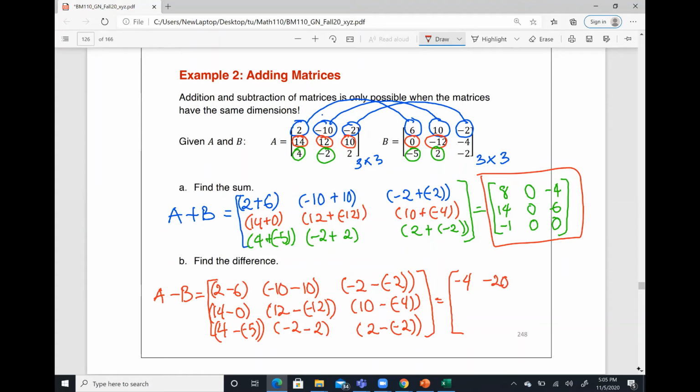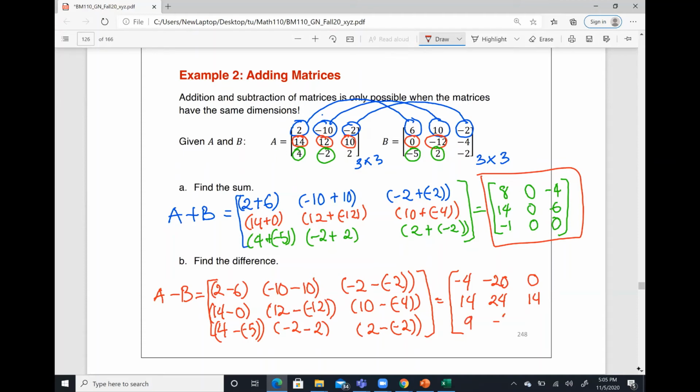Negative 2 minus negative 2 is negative 2 plus 2, which is 0. 14 minus 0 is 14. 12 minus negative 12 means plus, so 24. 10 minus negative 4 is 14. 4 minus negative 5 is 9.